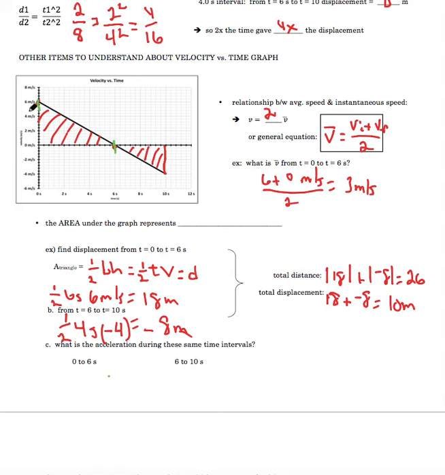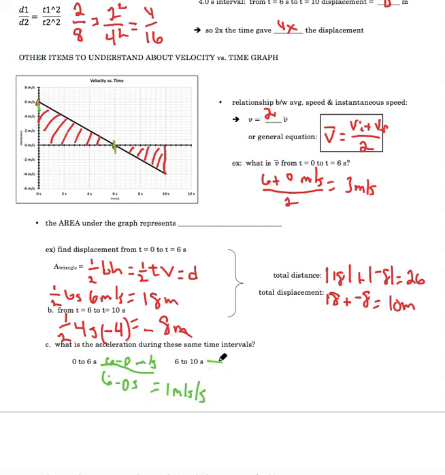That should be pretty straightforward. So it's 6 minus 0 meters per second divided by our time, 6 minus 0 seconds, which gives us 1 meter per second per second. Okay, so we're slowing down at a rate of 1 meter per second for every second.